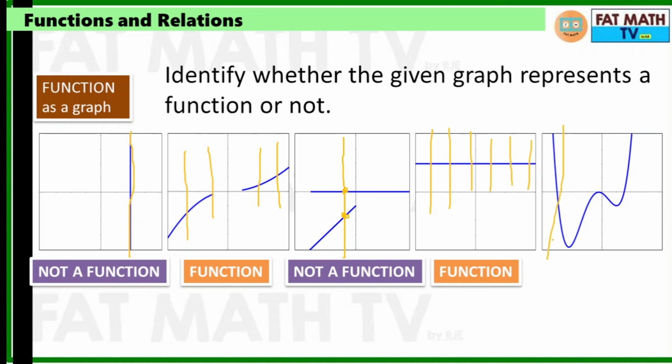Same with the last one. You will only intersect the graph once. Okay, take note, the lines have to be vertical. So we have the first one is not a function, second one is a function, not a function, function, and function.